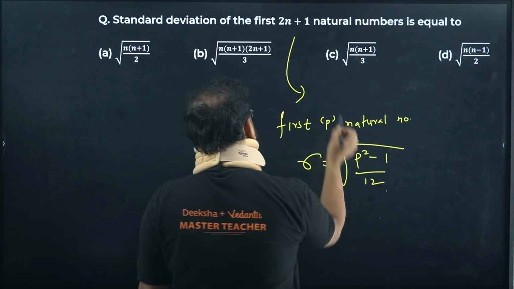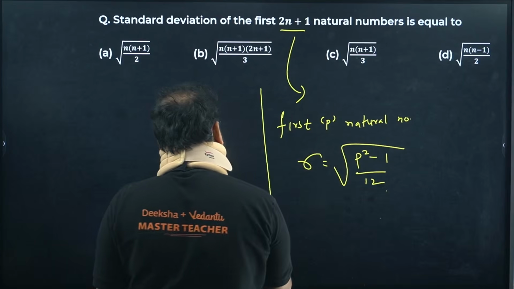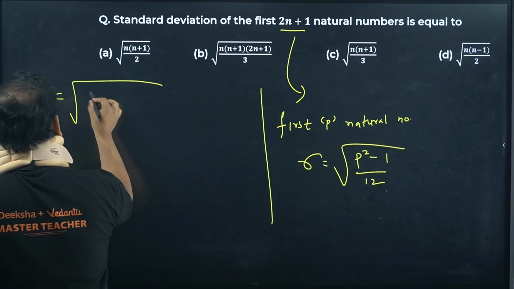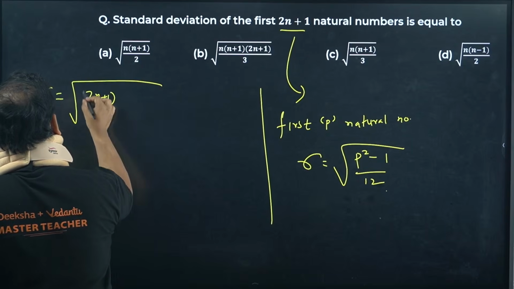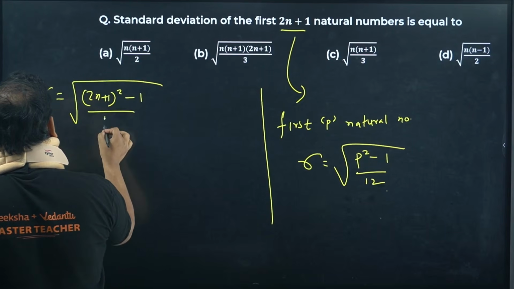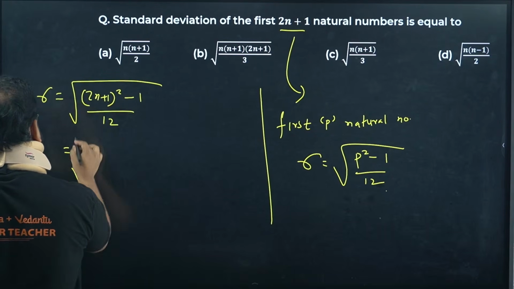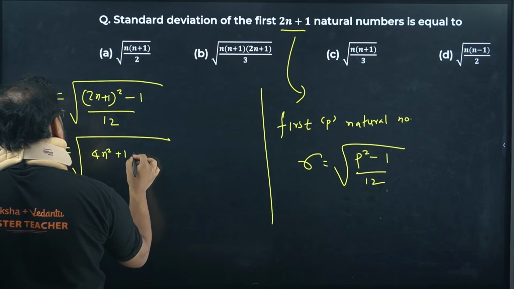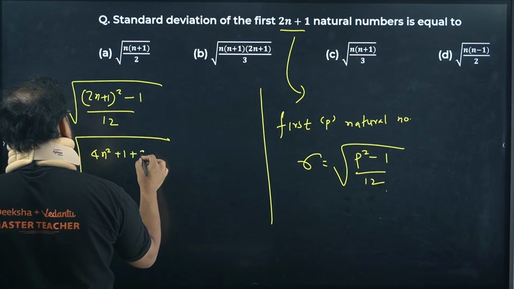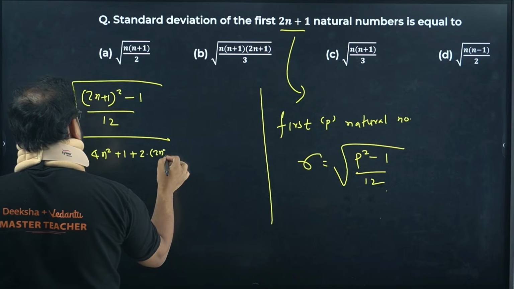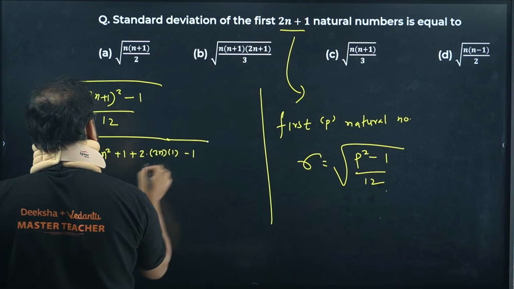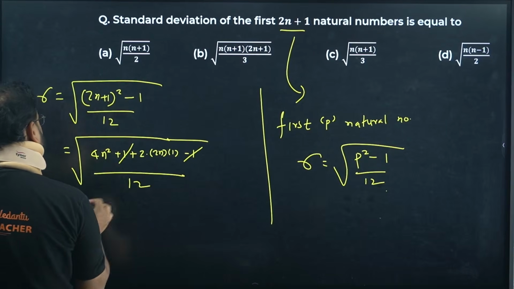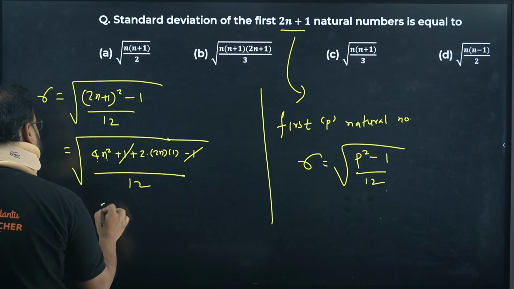In this case, what is the value of p? It is 2n plus 1. Please calculate: 2n plus 1 the whole square minus 1, by 12. Expanding, 4n square plus 1 plus 2 into 2n into 1, minus 1, divided by 12. Please check. 1 and 1 cancel.